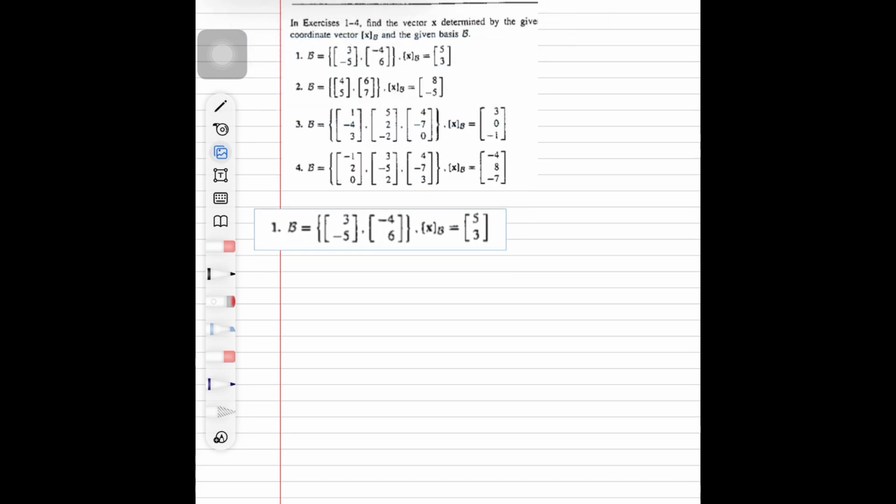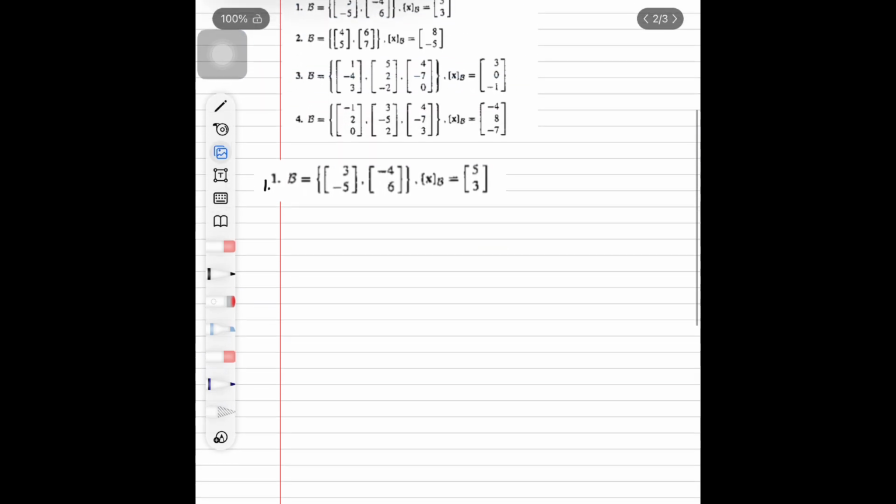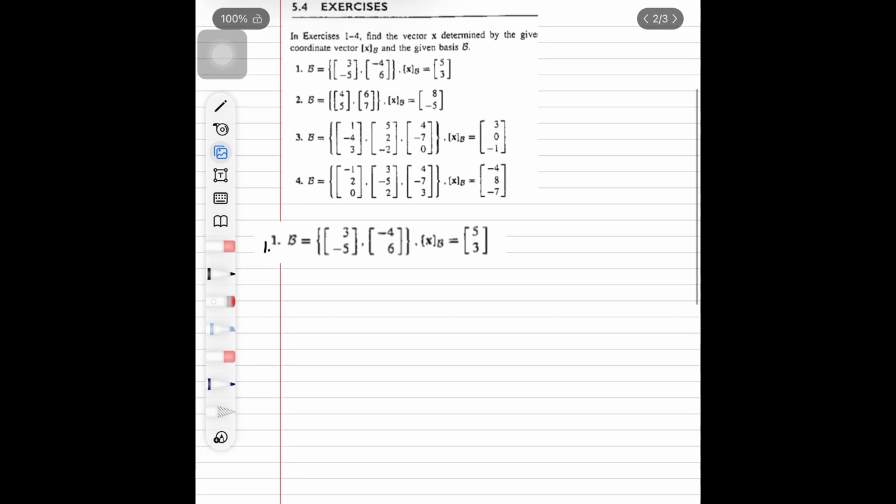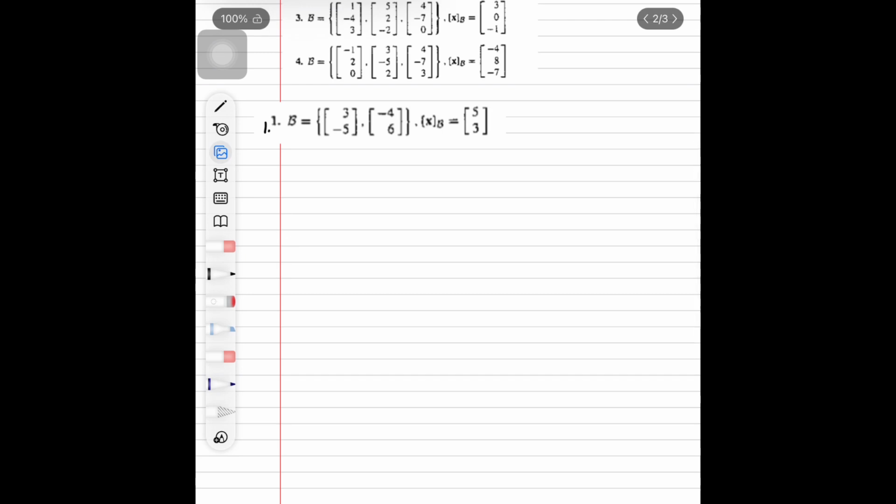So over here, we are given the basis and the coordinate vector. We know that P of B times the coordinate vector of the basis equals x.